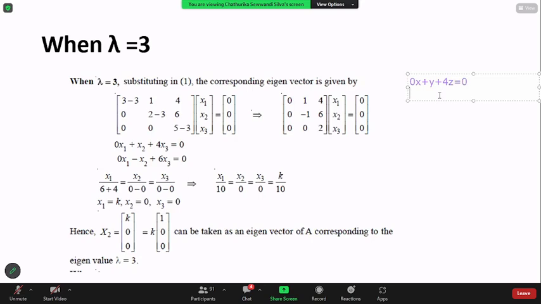Second equation: 0x minus y plus 6z equals 0. Final equation: 2z equals 0.